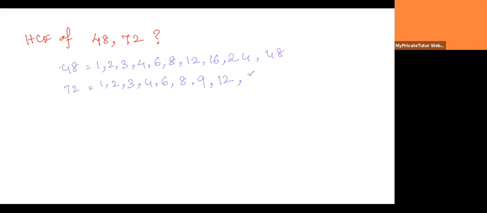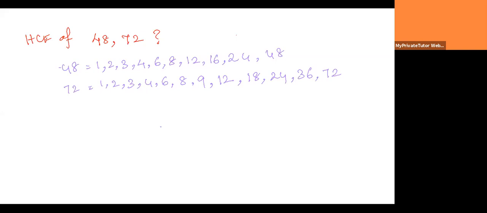Yeah, just a moment, 16, 17, 18. So 18, yeah, 18 is possible because 18 2s are 36. And then after 18, we might have a 24. Yeah. And then we have a 36. Yeah, that's it. The last number, 72. So these are the factors of 72 and 48 respectively.